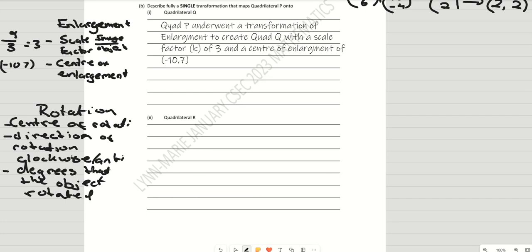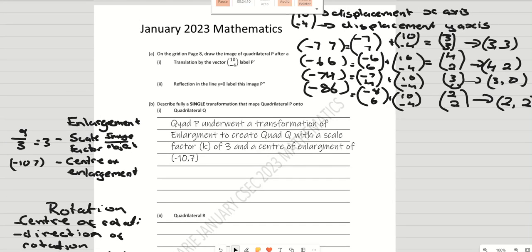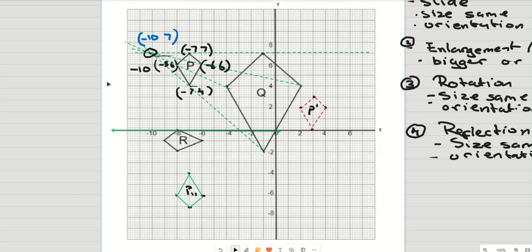Now, to do this, you need a compass. So let's go ahead and try. The first thing we're going to do is find that center of rotation. Now, to find that center of rotation, it's a few steps process.